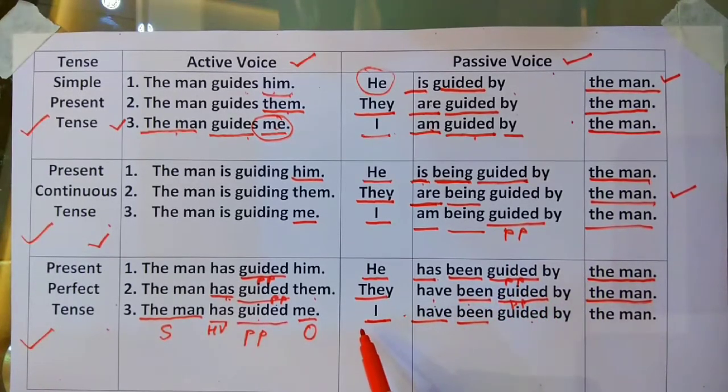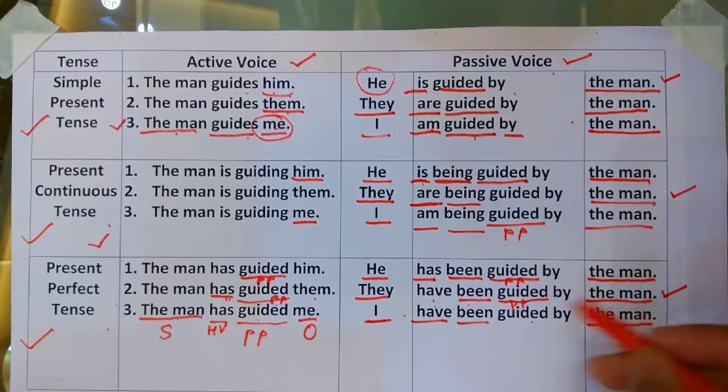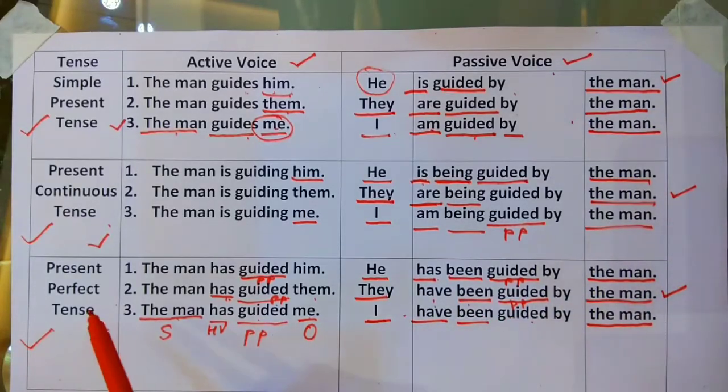So the passive sentence we have framed is like this: I have been guided by the man. We have shifted this subject man to the end of the passive voice. So this is how we have converted all the sentences from the present perfect tense.